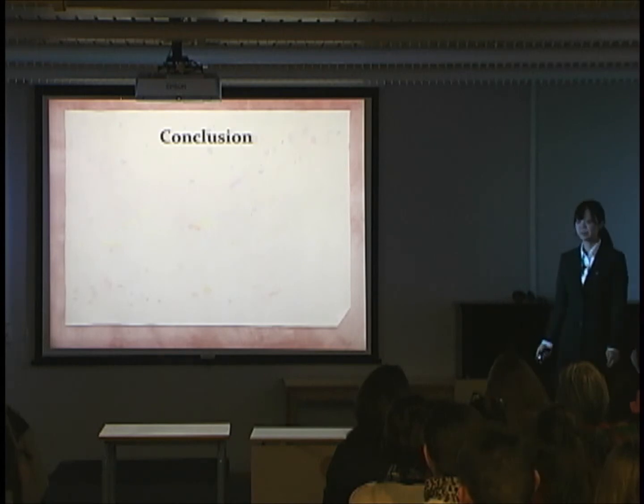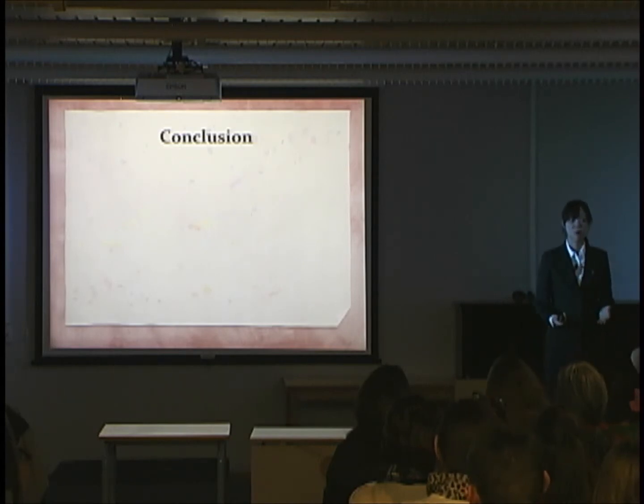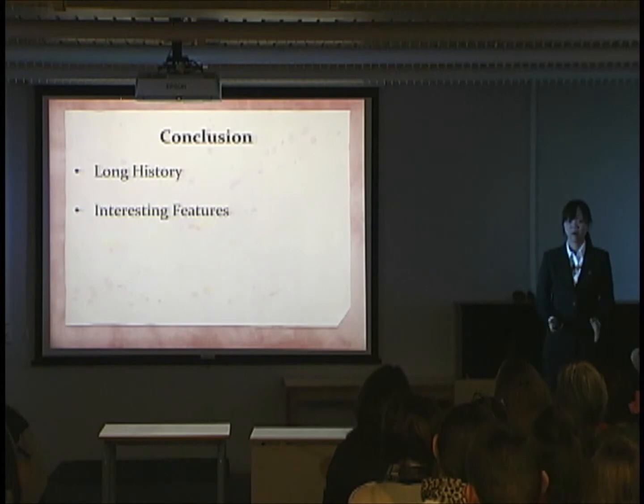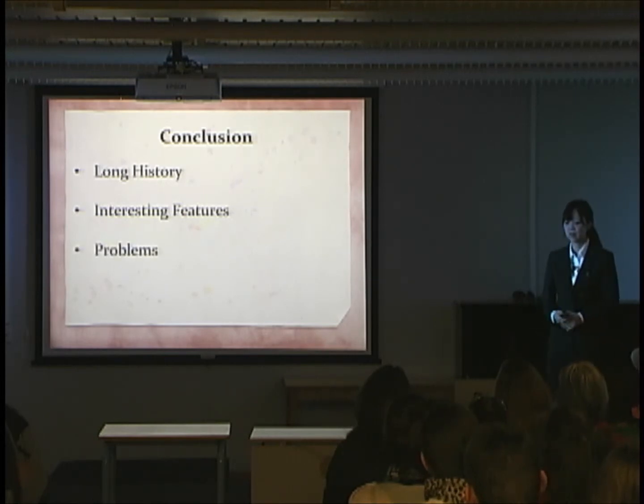In my conclusion, the Japanese language has a long history. And the background made interesting features which are very different from other languages. Also, there are some problems with the Japanese language recently.